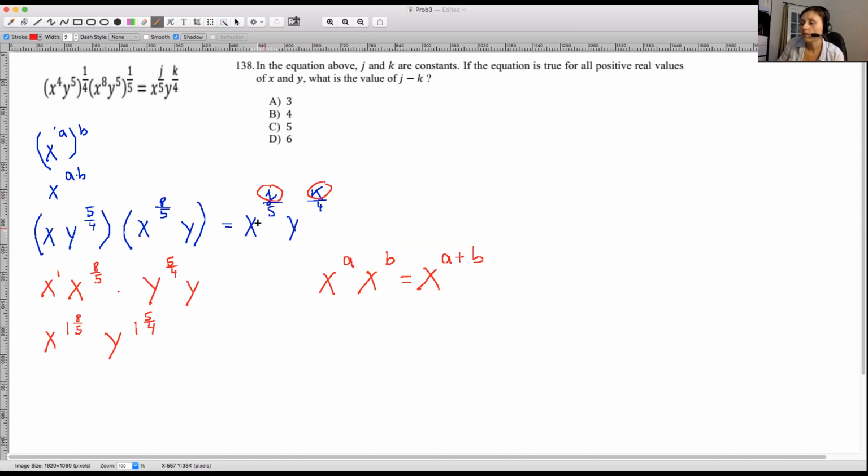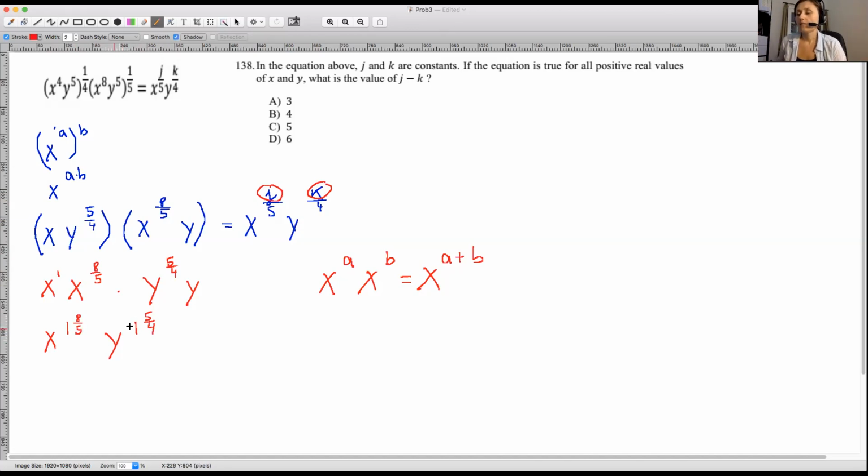What do we see? We already see x to the power of j divided by 5, and here we have x to the power of 1 and 8/5. And then y is also set up very well for us too. Y is to the power of k divided by 4, and we already have 4 in the denominator for the y exponent.